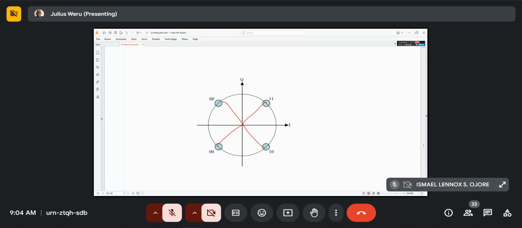You can see between here and here, this does not change, only this changes. Between here and here, this changes, this does not change. It's very important. If you have to draw the constellation diagram, just remember that one thing, that you don't want 2 changes. Because if this was 11 and this was 00, and then there was a symbol error, actually 2 bits will be in error, and we try to avoid that.